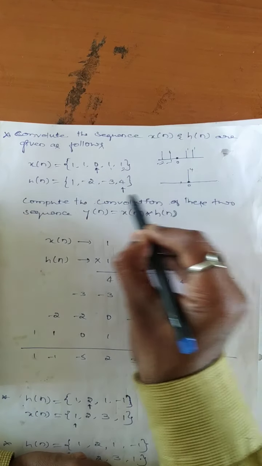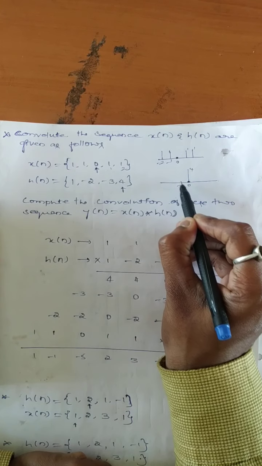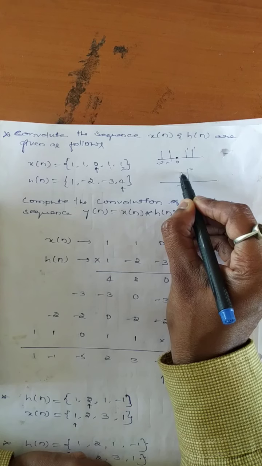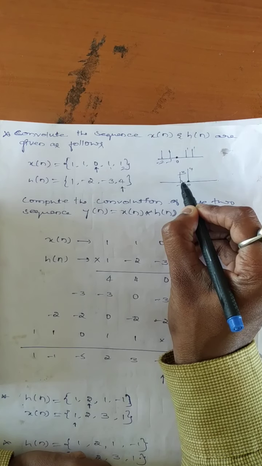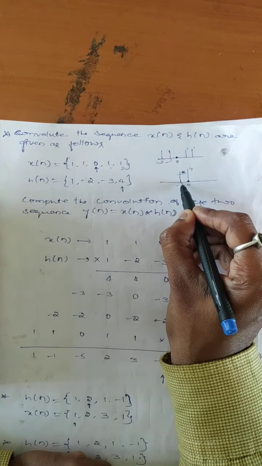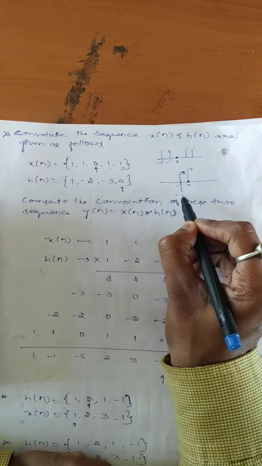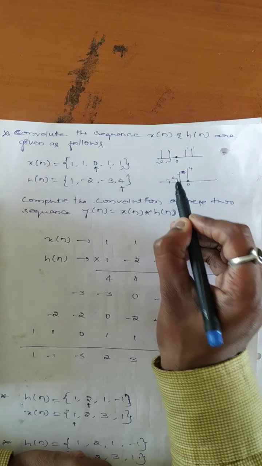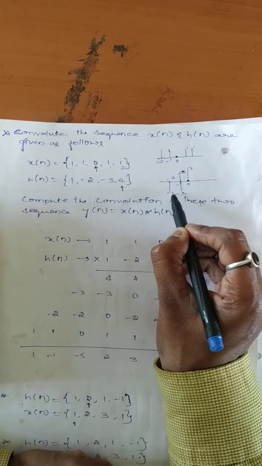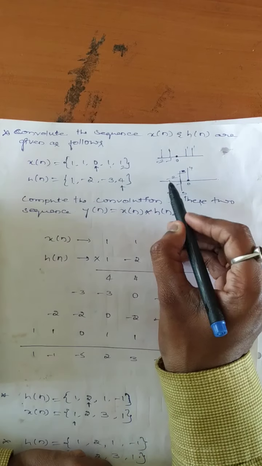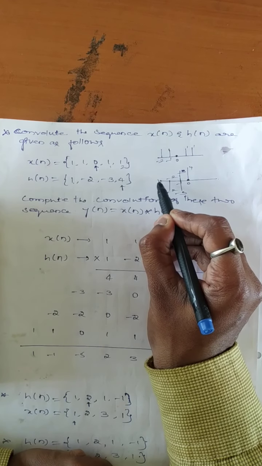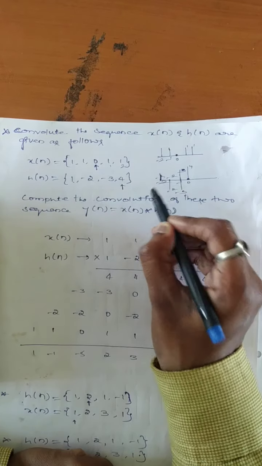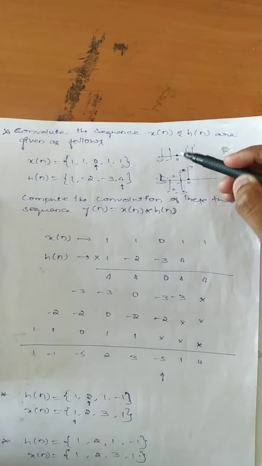At minus 1 it is minus 3, at 2 it is minus 2, at minus 2 it is minus 2, and at 3 it is minus 1. So this is the way of writing the samples.